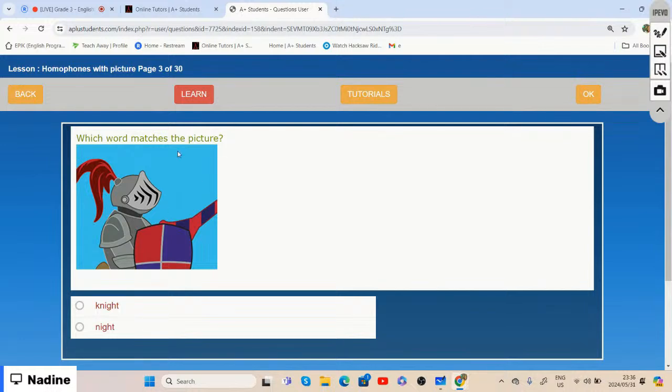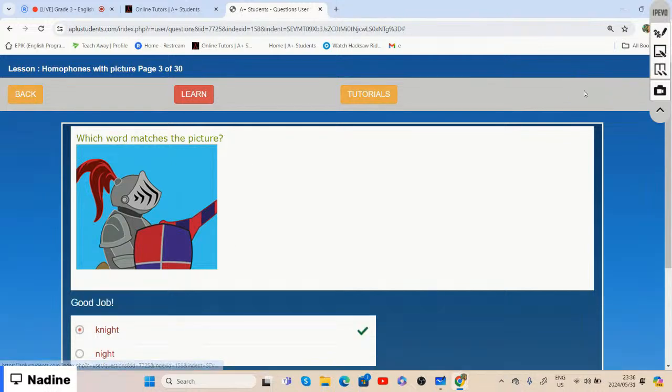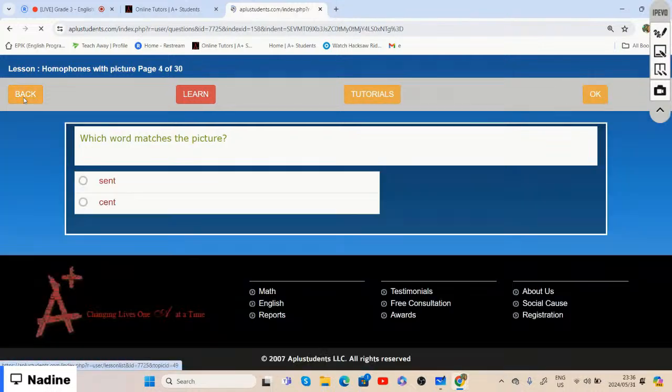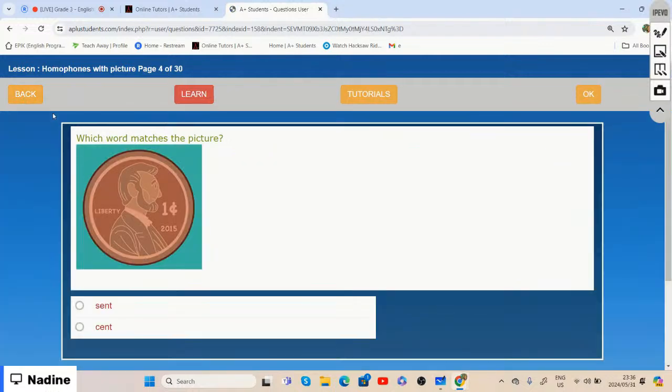All right, and if we match the word with the picture, we would say it is night, the first option. Let's look at the next one. Which word matches this picture? Is it option one, which is scent, S-E-N-T, or option two, which is cent, C-E-N-T?